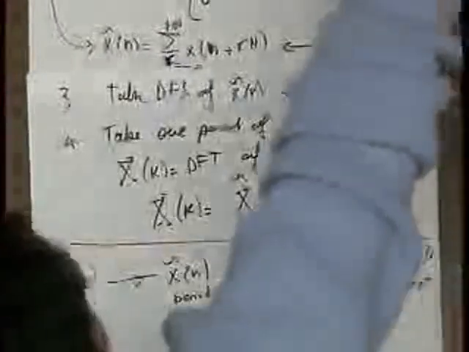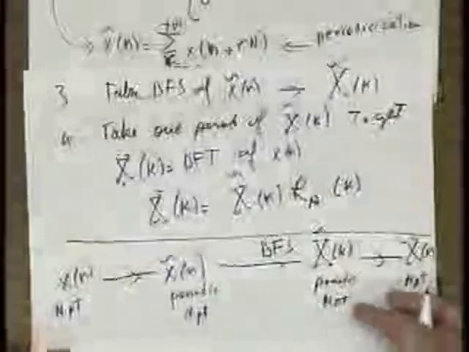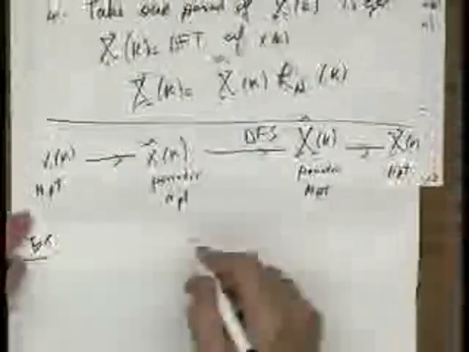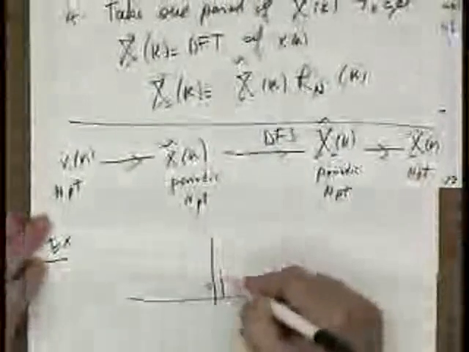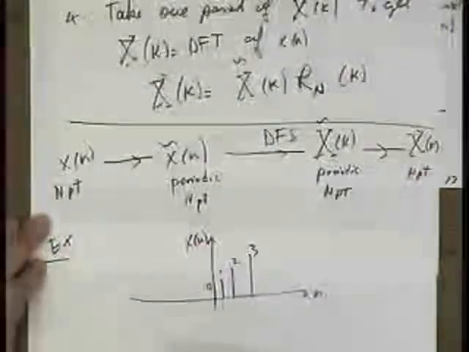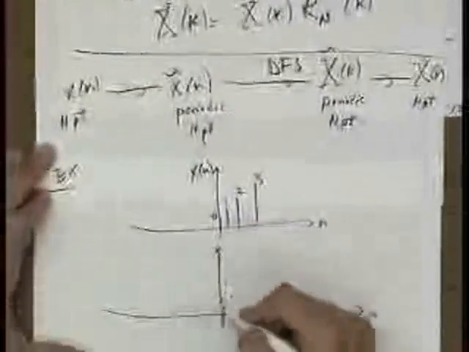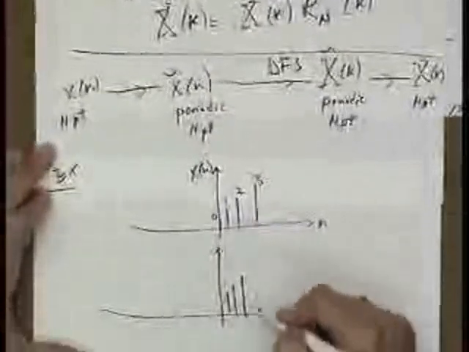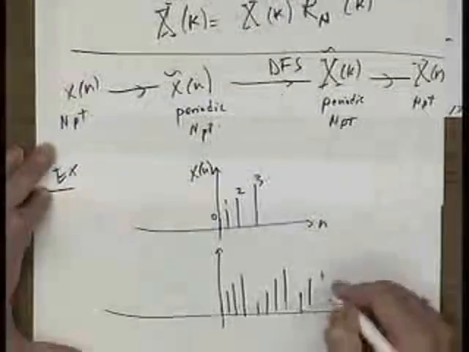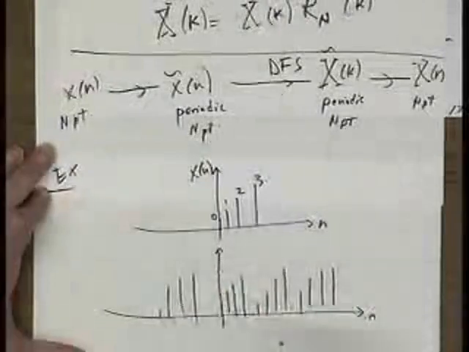So pictorially, if you will, what's happening is as follows. I start with x of n. Let's say it was 0, 1, 2, 3. That's my 4-point finite length sequence. I make it periodic. And how would I make it periodic? 0, 1, 2, 3, 0, 1, 2, 3, 0, 1, 2, 3, etc. So I make it periodic.